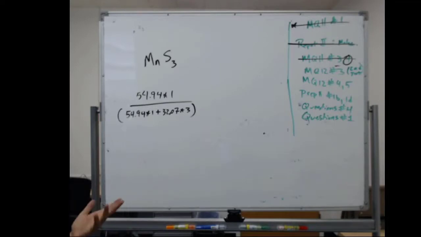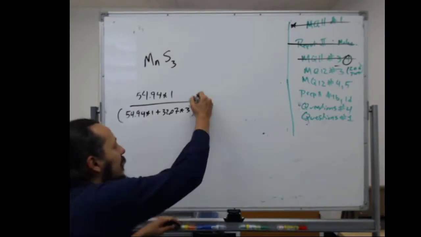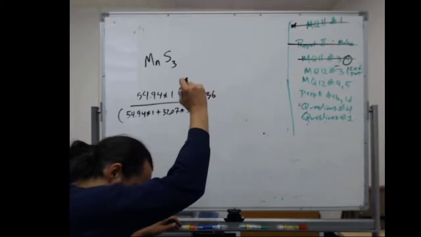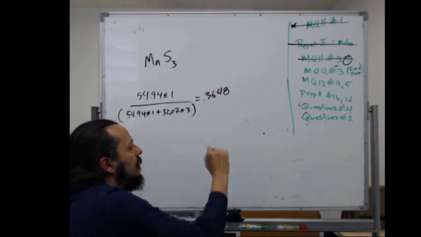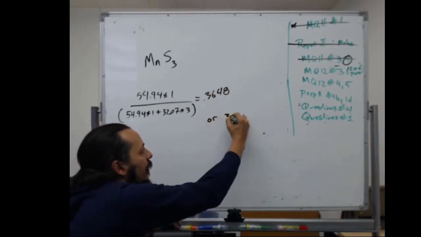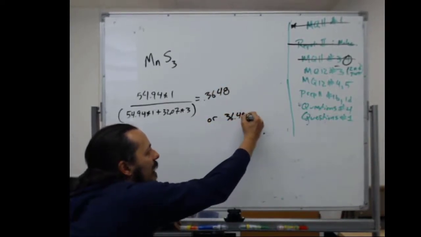So for my example, MnS3, 54.94 plus 32.07 times 3, inverted, times 54.94. I'm going to get this is equal to 0.3648, or 36.48%.